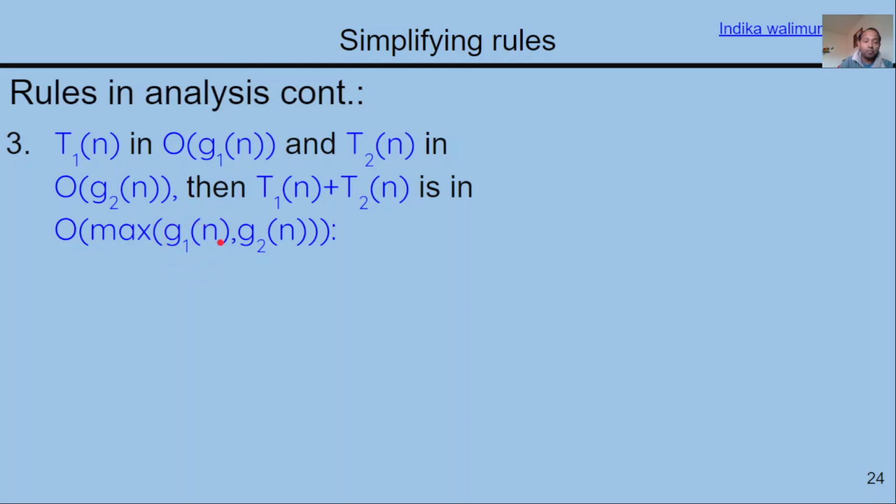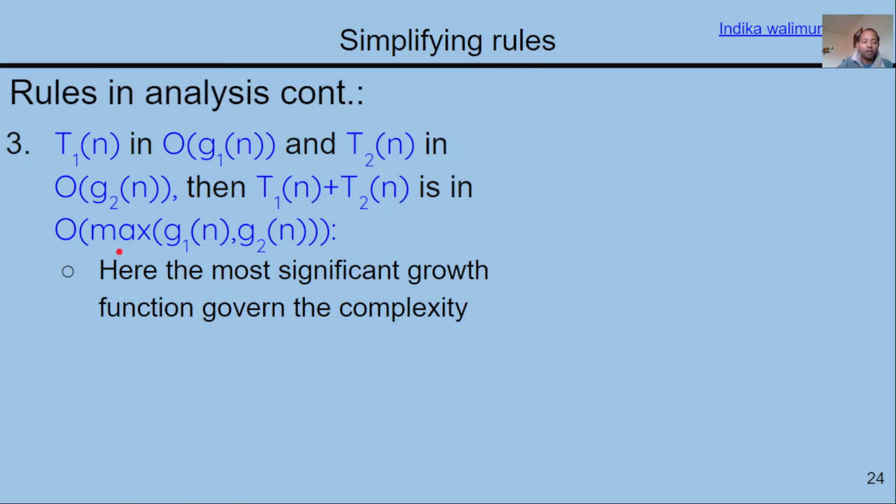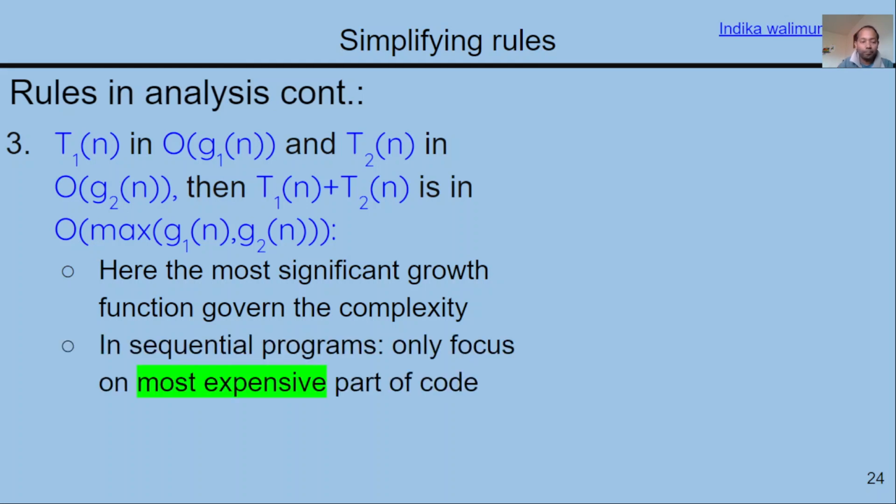Basically it's saying that whichever of the two has the highest bound governs the final bound. Okay, so basically the most significant growth function governs the complexity. That's what it means.